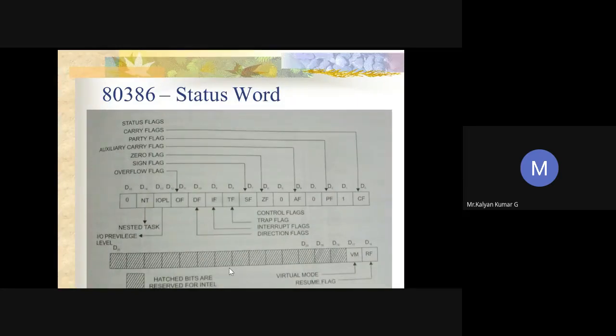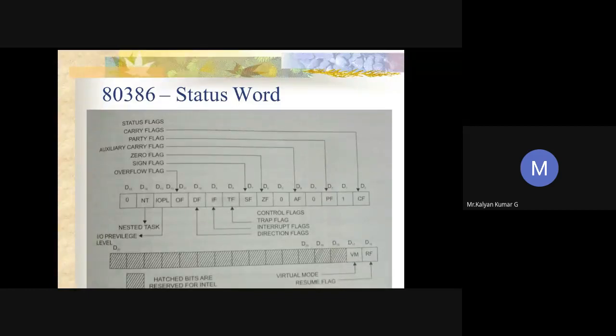And moving to the last type of register available in 80386, the flag register. The flag register of the 80386 is a 32-bit register, so you can have a look at it.